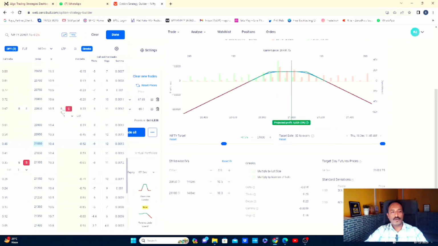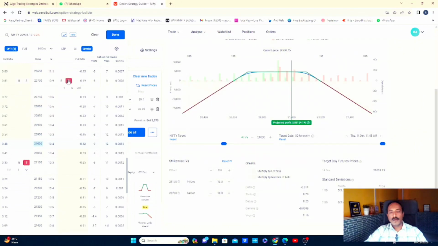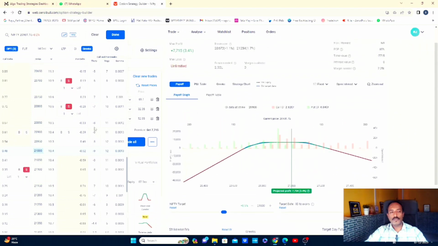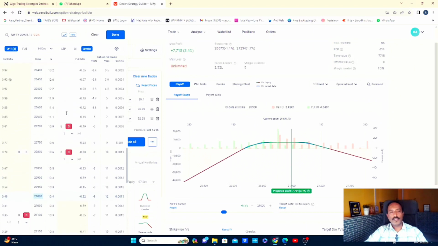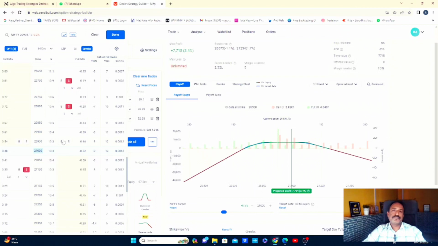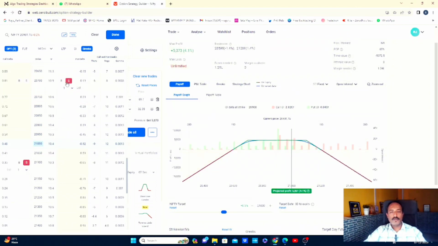Either delta neutral or this, and it will keep moving. If you sell double the quantity, it will be an expanded mode. If you see, the probability also will increase. So likewise, you can sell out-of-the-money calls and puts at different strikes and it still works out. Okay, so this is all about the short strangle.